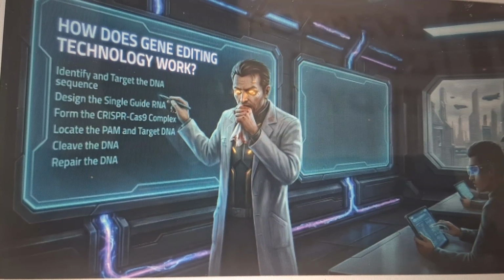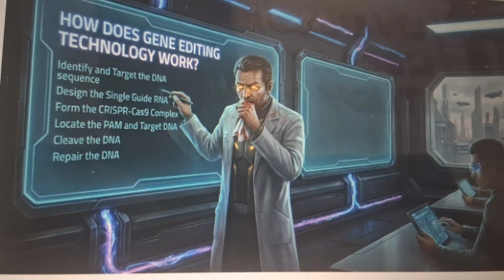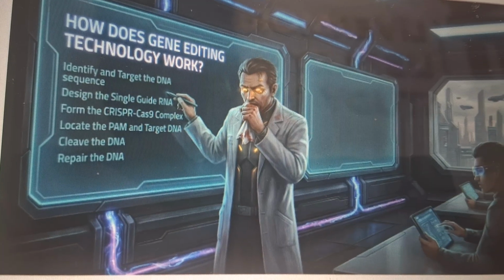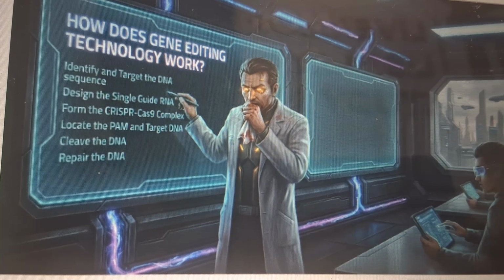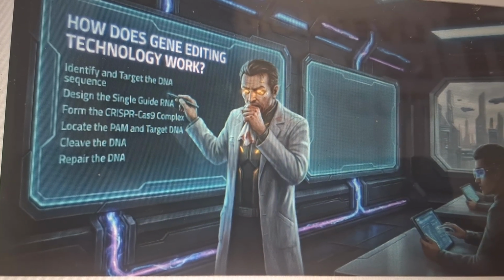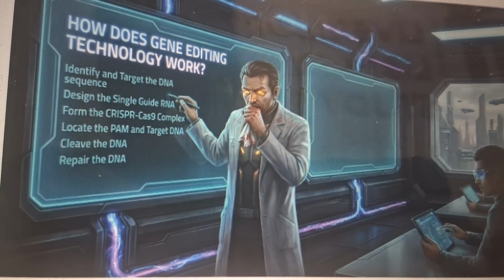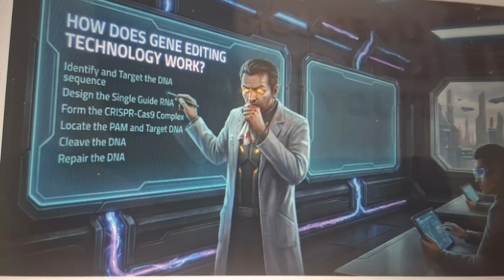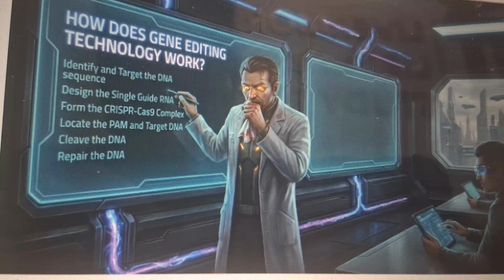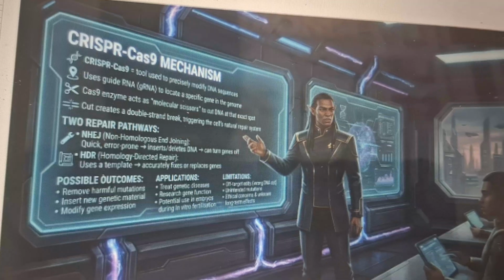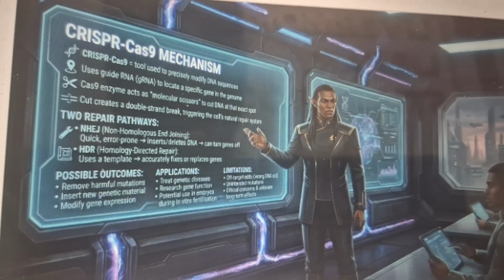Now, how does gene editing technology work? Well, first things first, you have to identify and target the DNA sequence, then design the single guide RNA, and then form the CRISPR-Cas9 complex, then locate the PAM and target DNA, cleave the DNA, and then repair the DNA. CRISPR-Cas9 mechanism.